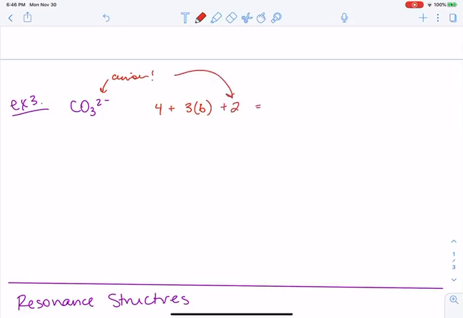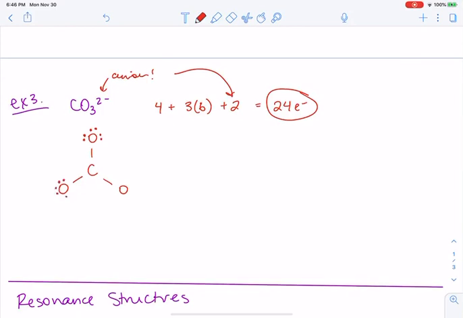So 4 plus 3 times 6 is 22, plus 2 is 24 electrons total. So you put the least electronegative atom in the center, and then you put the other ones around it.